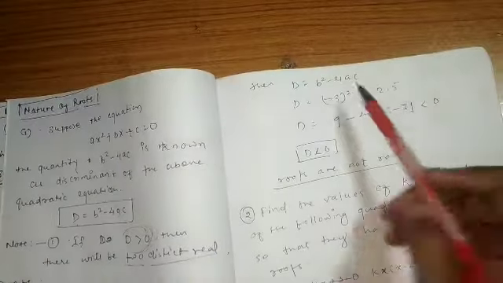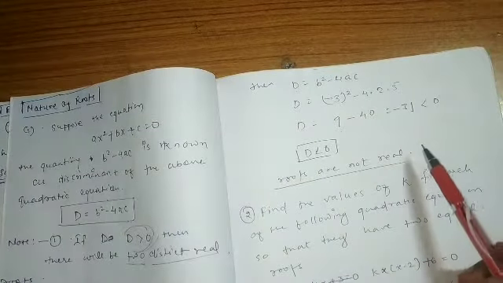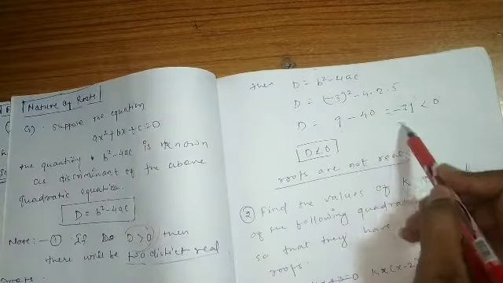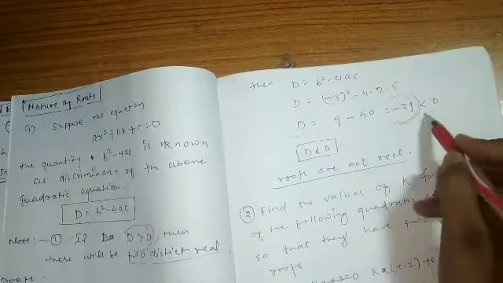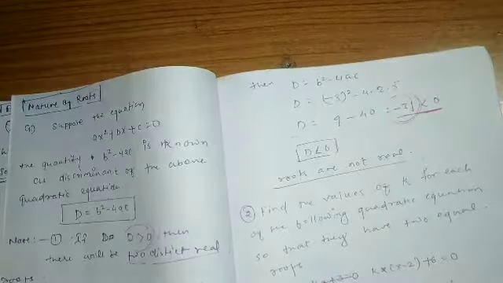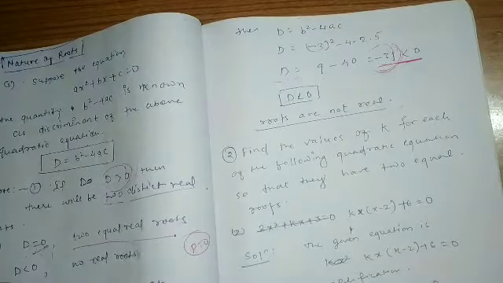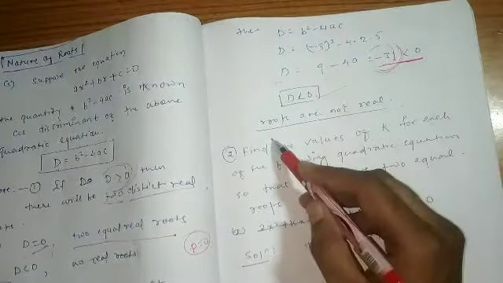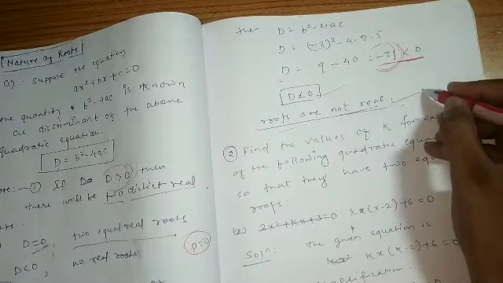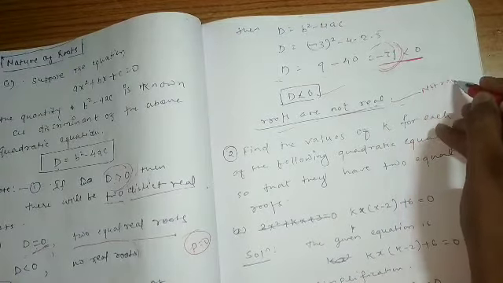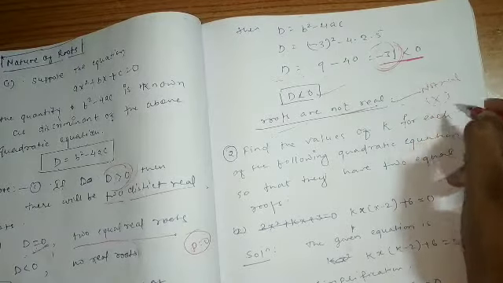After calculating the value of D, that is b square minus 4ac, you will get the value of D as minus 31, and minus 31 is less than 0. So D is less than 0, so the roots are not real. Because it is not real, we will not find those roots.